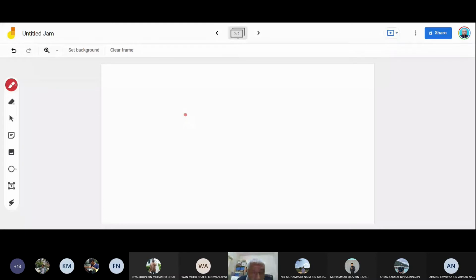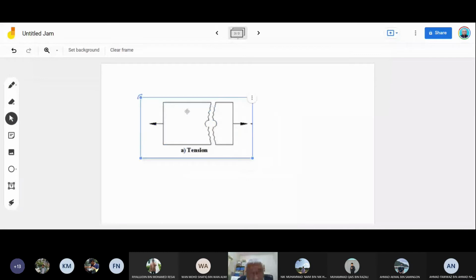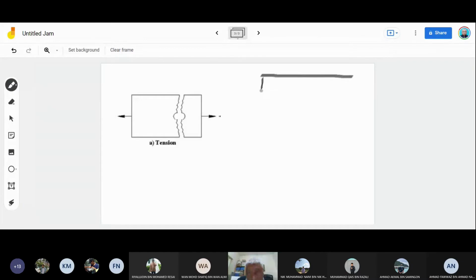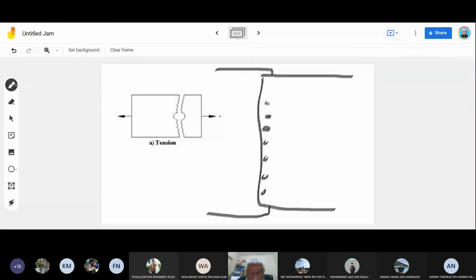Okay, you may have a tension here. So you may have a series of rivets. Give a big skin, and then you have a joint with another skin. You may have many rivets.